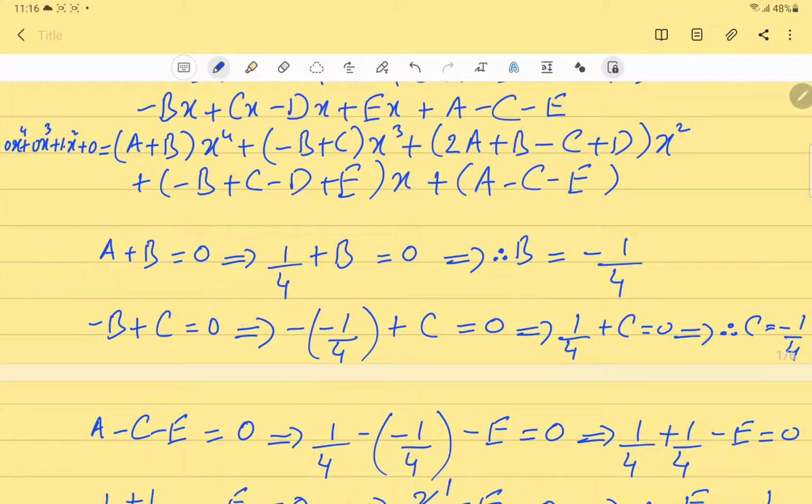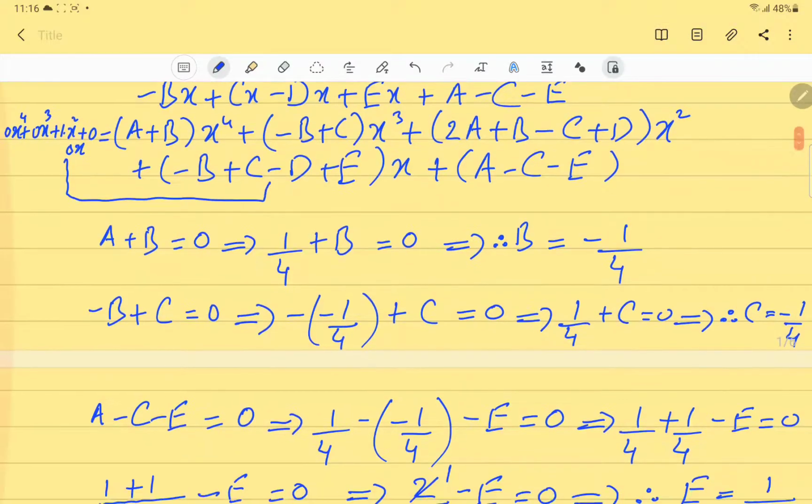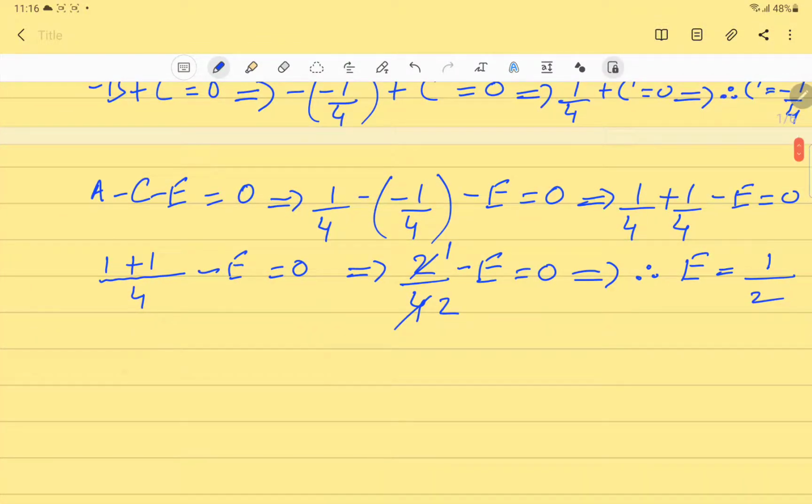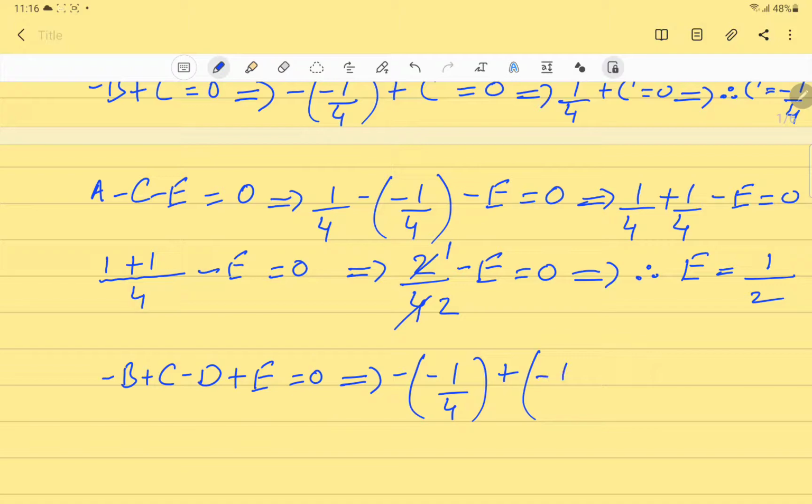In the end, we will compare the coefficients of x, and the coefficient of x we forgot to write here, it is 0x. So when we compare it, we will have minus b plus c minus d plus e is equal to 0. b is minus 1 over 4. c is also minus 1 over 4.